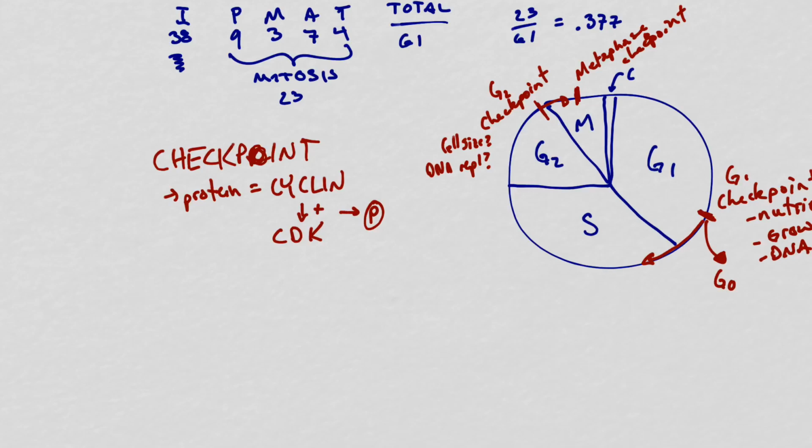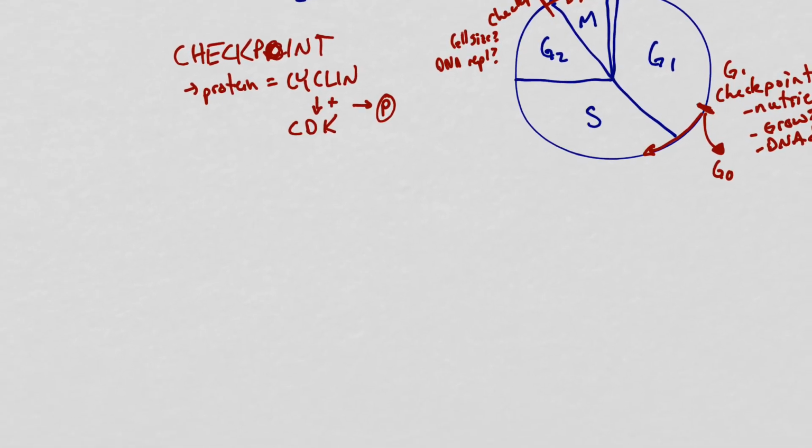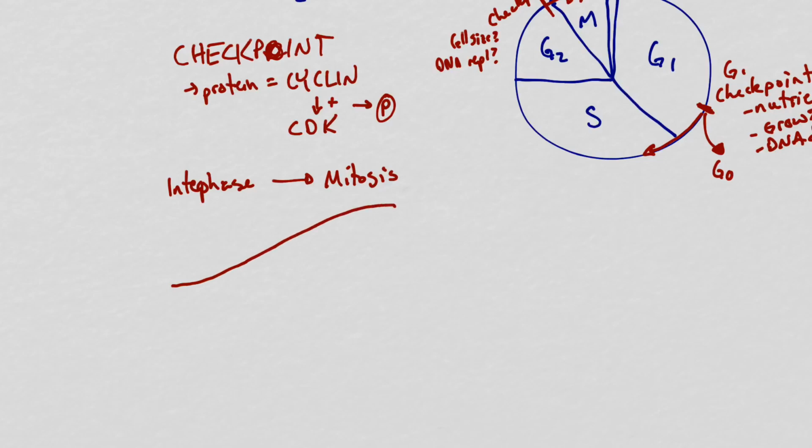And so if we were to draw a graph of this, let's make this little graph here really quick. We've got our interphase, which goes to mitosis. As the cyclin concentration increases, mitosis is more likely to happen, but after mitosis drops, the cyclin also drops.